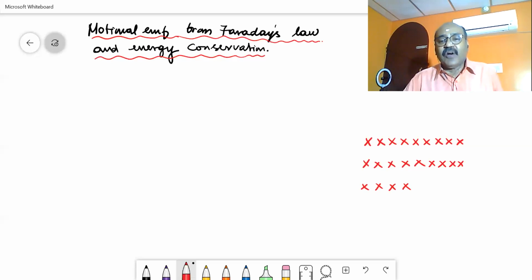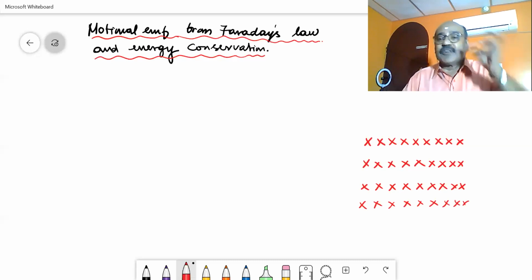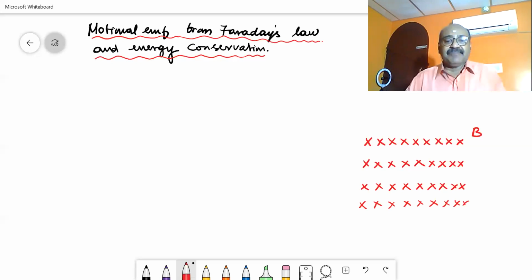So the uniform magnetic field B is acting perpendicular to the plane and also in the inward direction.